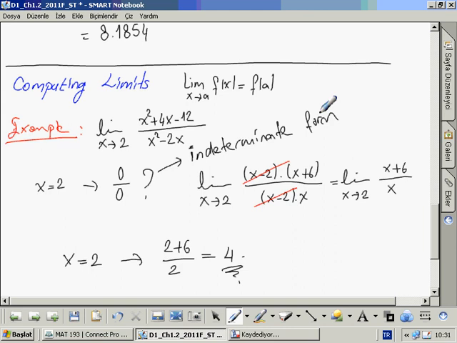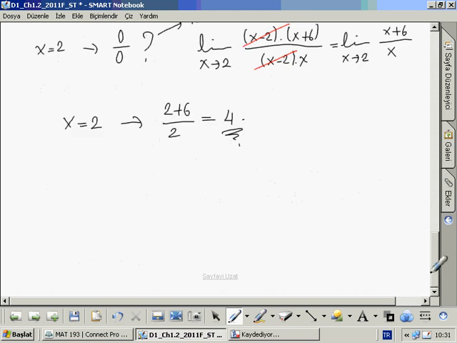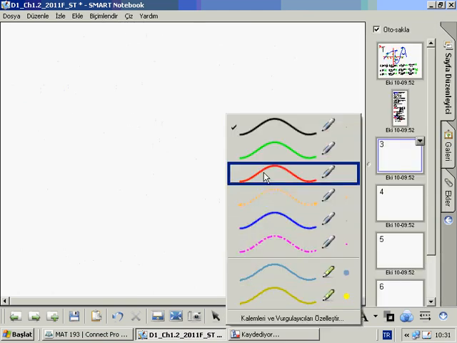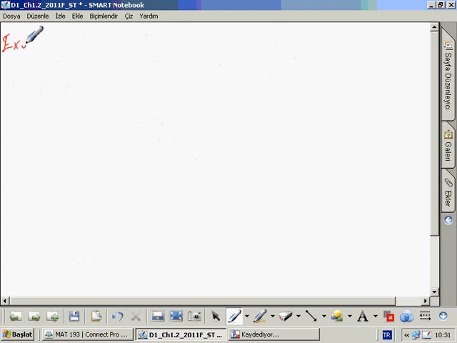Okay, and so let me give you another example about this. The limit as h goes to 0 of 2 times minus 3 plus h squared minus 18 over h, okay.